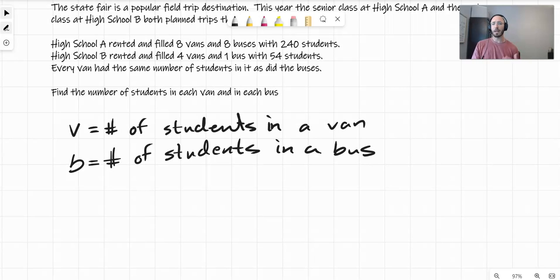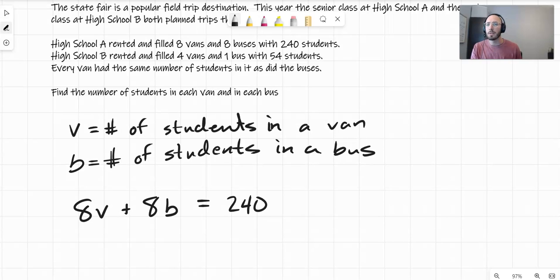So now I have to find out what my equations are going to be. So if I know that 8 vans and 8 buses make 240 students, well, I can say that 8V, 8 times the number of students in a van, plus 8B equals 240. Right? That's what High School A did. They rented 8 vans and 8 buses and filled them with 240 students.